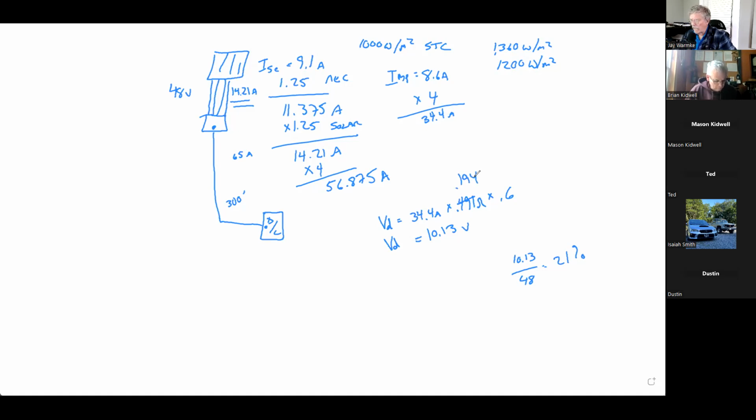Everything else stays the same. 34.4 times 0.194 times 0.6. So it's still 4 volts. So if it's a 48 volt system, I'm still somewhere around 8%, 9%.